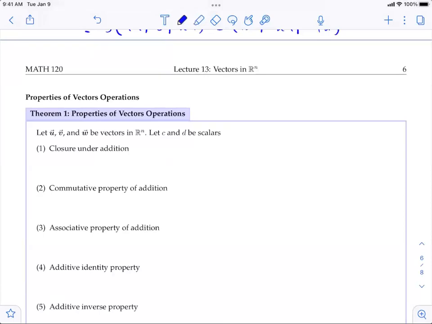And we're going to revisit these properties later on in lecture 14 when we talk about vector spaces. But for now, we're going to write down the properties of the following vector operations.